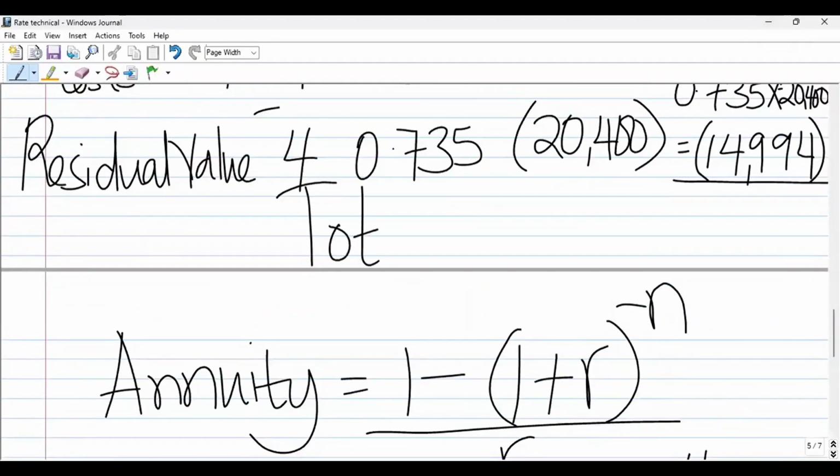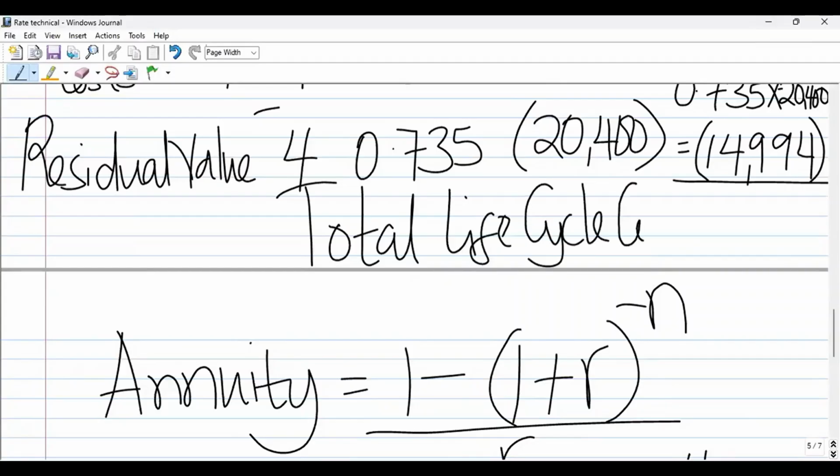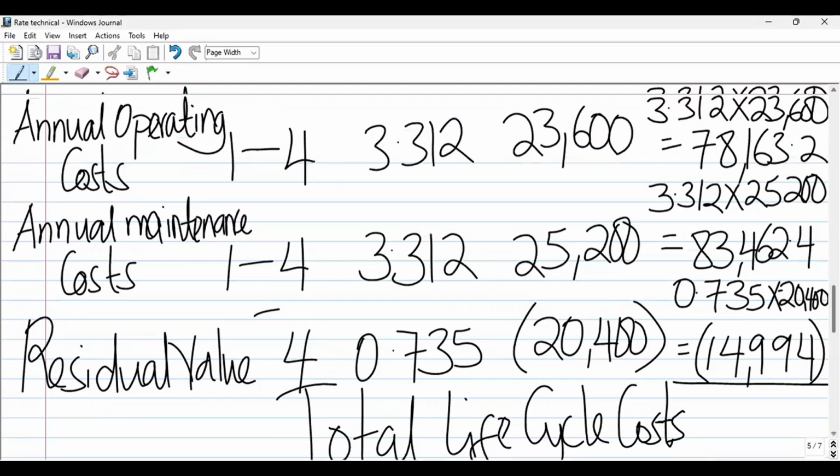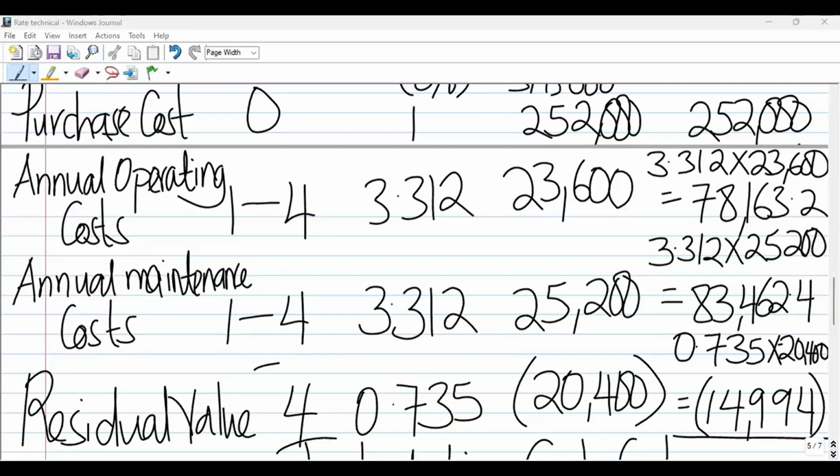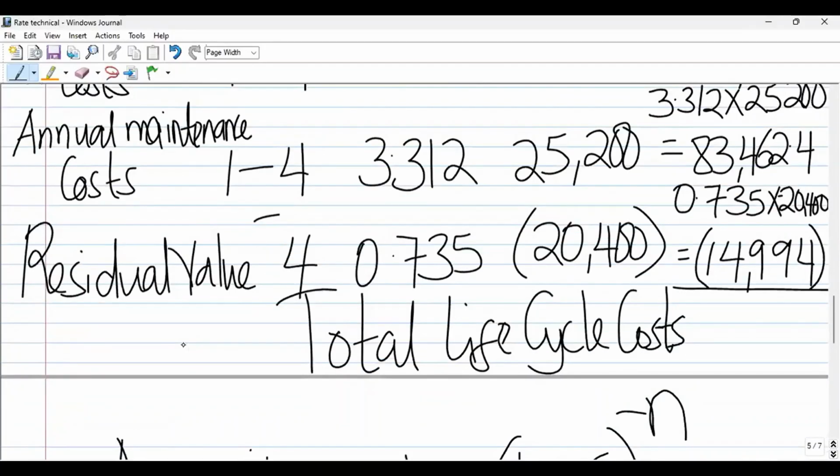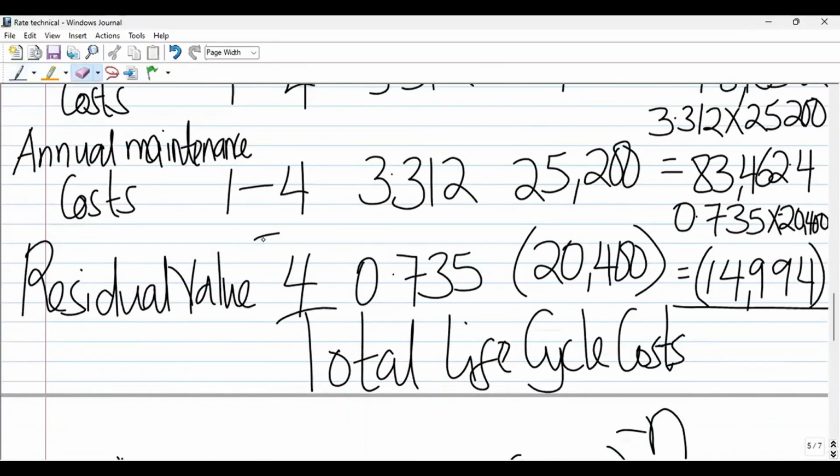So total life cycle costs. Yes, I've not heard your question. Kindly pardon me, to discount the residual value: time value for money.